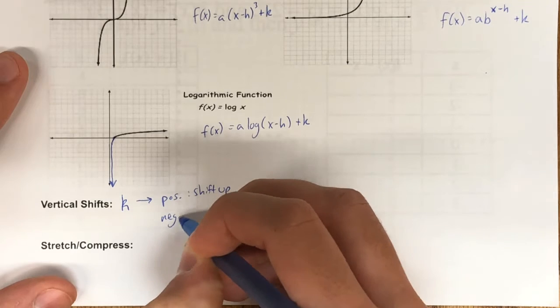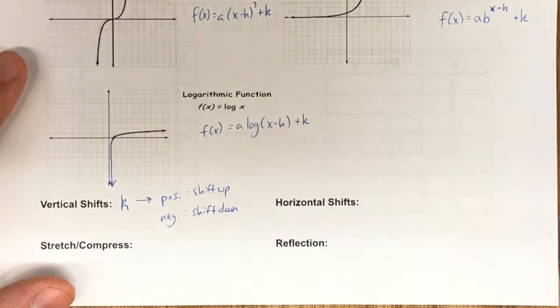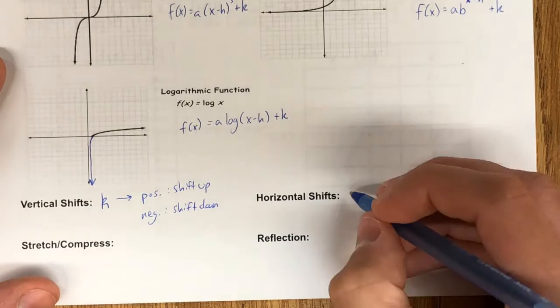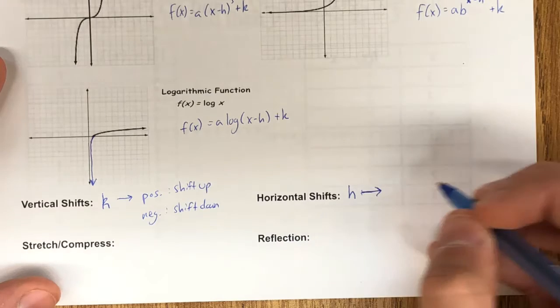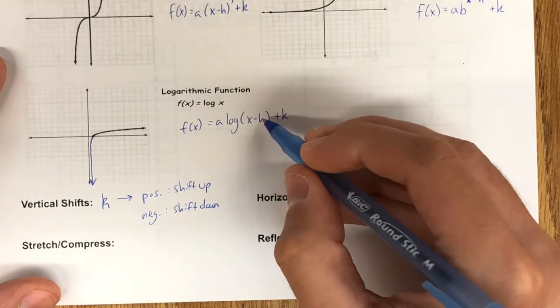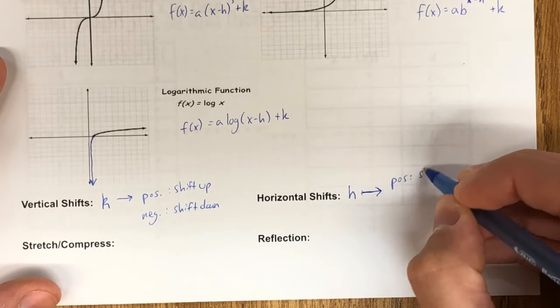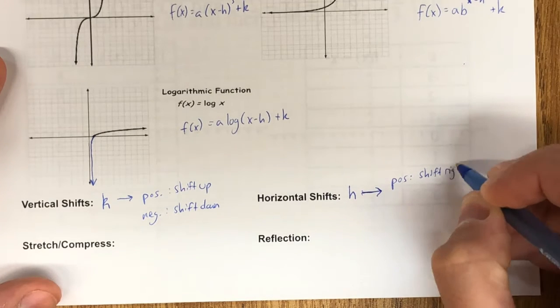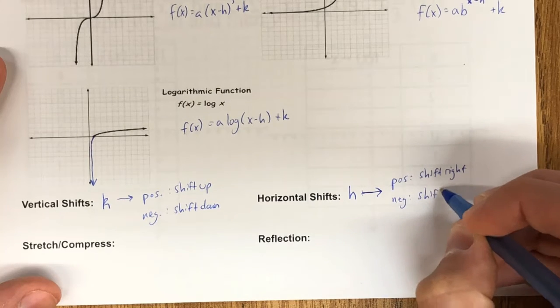If it's negative, that means we shift down. Our horizontal shift refers to h, where if our h value is positive, we are shifting to the right, and if it's negative, we are shifting to the left.